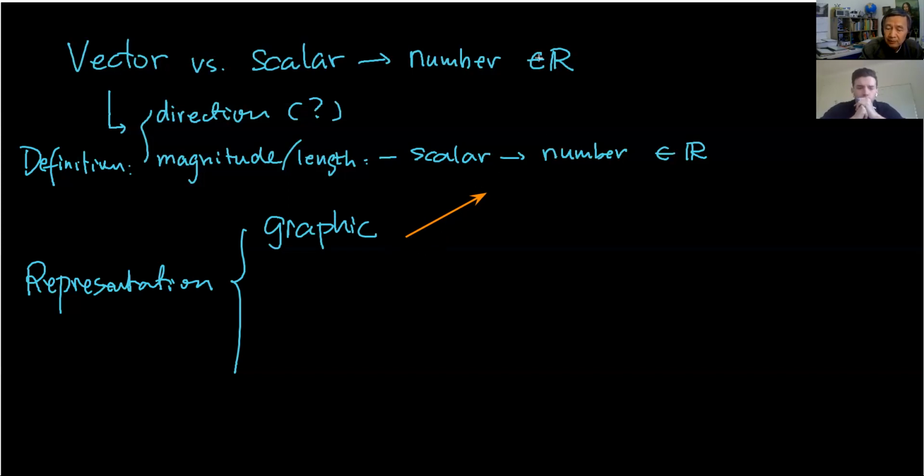To facilitate our discussion, we remind you that this part is called the head, just like an ordinary arrow, and this is called the tail. So therefore, we can describe the direction.